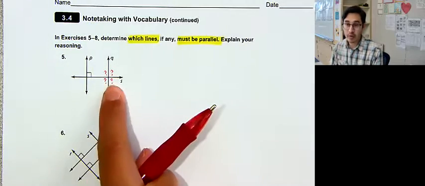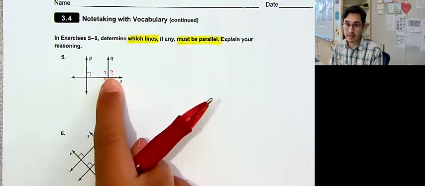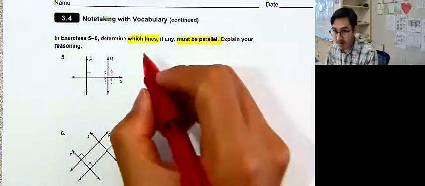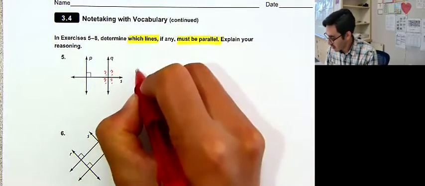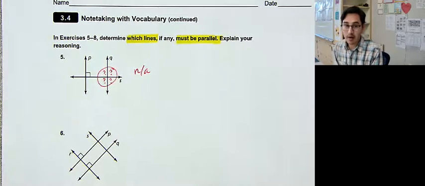So without the actual square symbol there, we don't know for sure whether any of these angles are 90 degrees. Okay, so for diagram number 5, well, we can't say anything, right? I can't say for certain if P and Q are parallel. They look like it, but without knowing one of those 4 angles, I cannot say for sure.